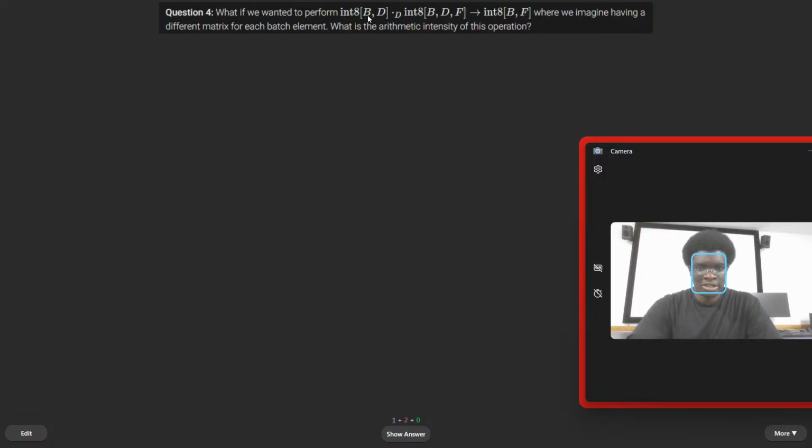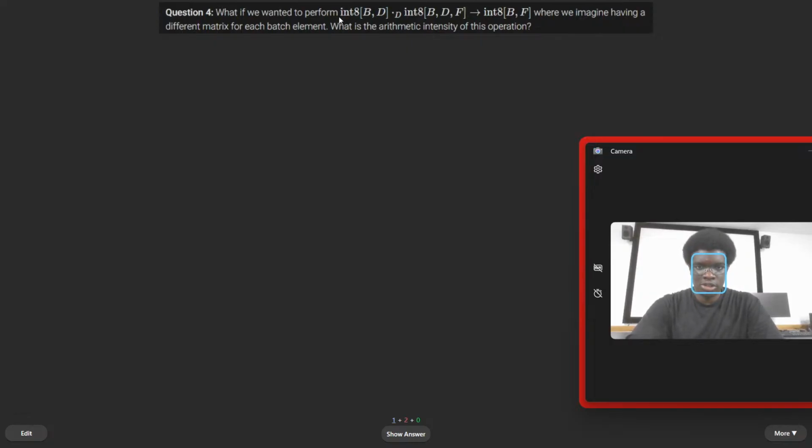The way to think about this is that instead of this being a matrix, it's a bunch of row vectors: B row vectors of length D. For each row vector, you do the product with a matrix of size DF, but that matrix of size DF is different for every single row vector in this first matrix.